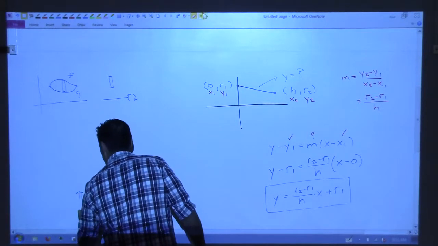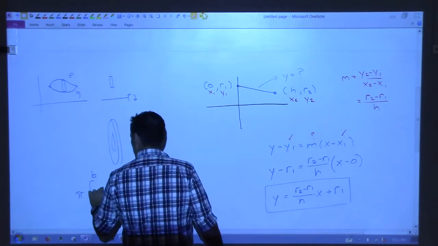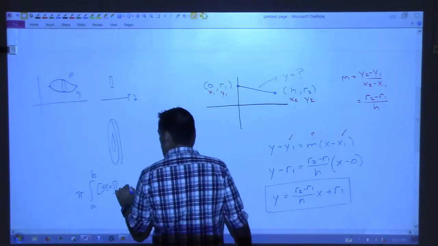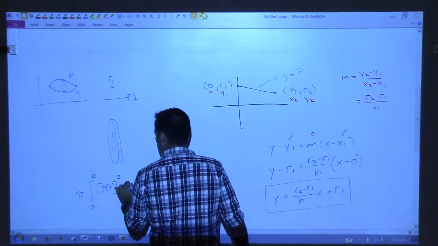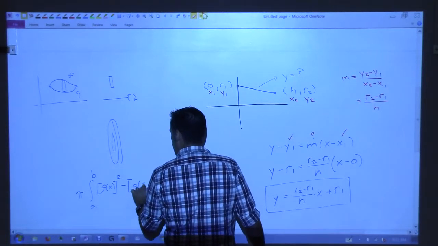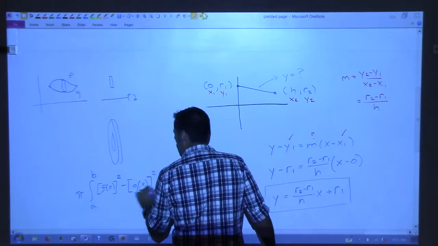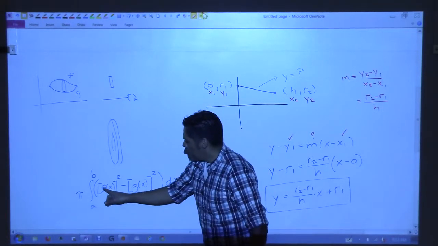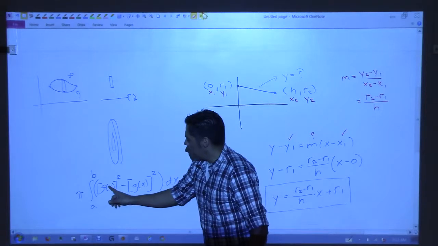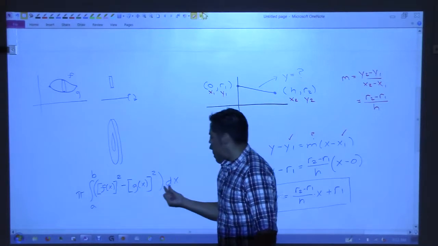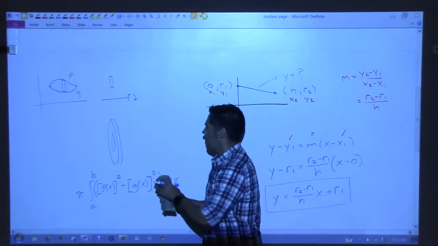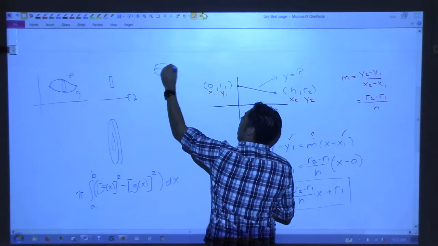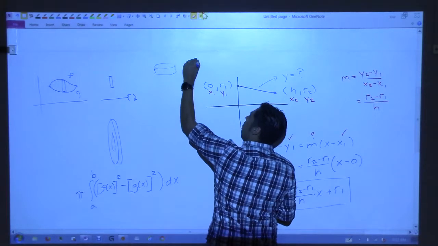Pi integral a to b of the top function f of x, you remember what it is? Squared minus the bottom function g of x squared, all of that dx. So this thing squared times pi times dx was like the formula for a cylinder, that the volume of that was pi r squared times height.